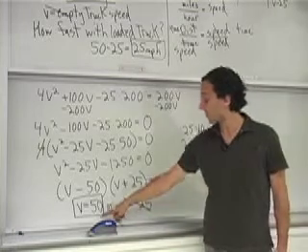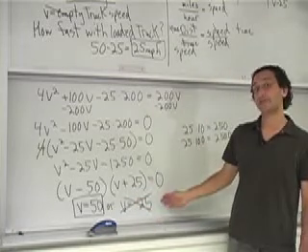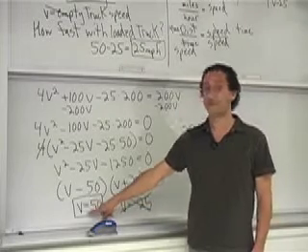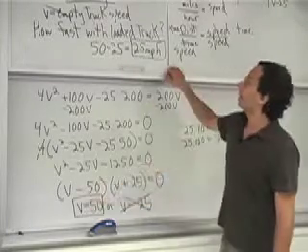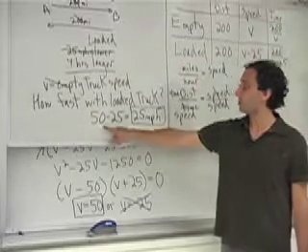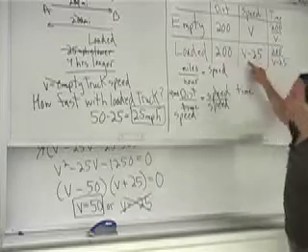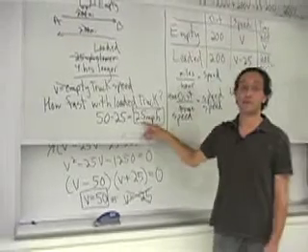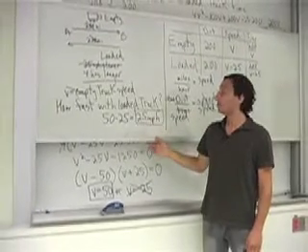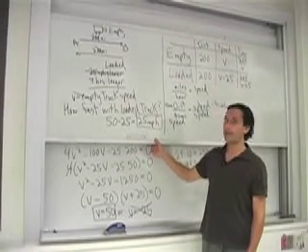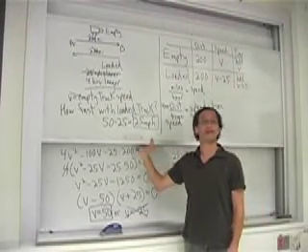That gave me two possible answers. One didn't make sense in the physical world, and I was finally left with V equals 50. And I used that to answer the question, namely, what's the speed of the loaded truck? 25 miles per hour.